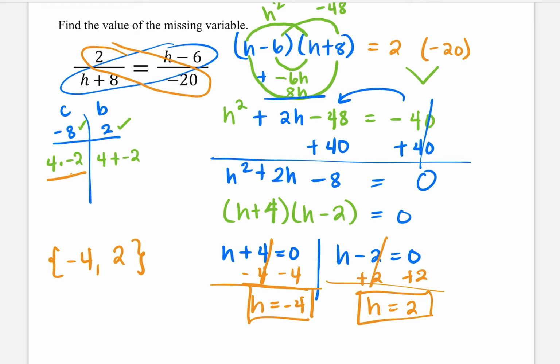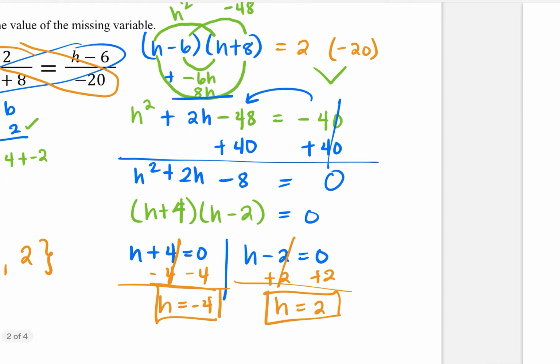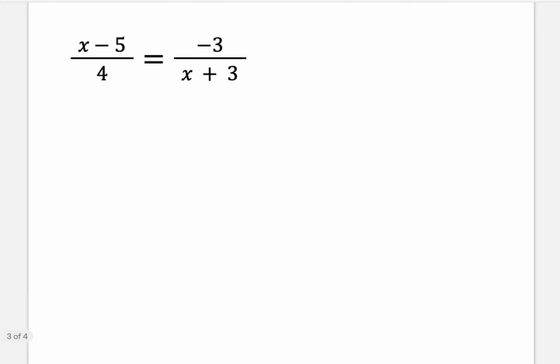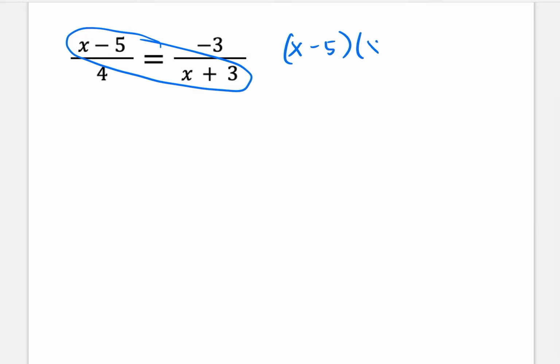Okay, let us try another problem. We are going to apply the same thing, cross multiplication or the butterfly method. I'll do x minus 5 times x plus 3, and then on the other side of the equation is 4 times negative 3.